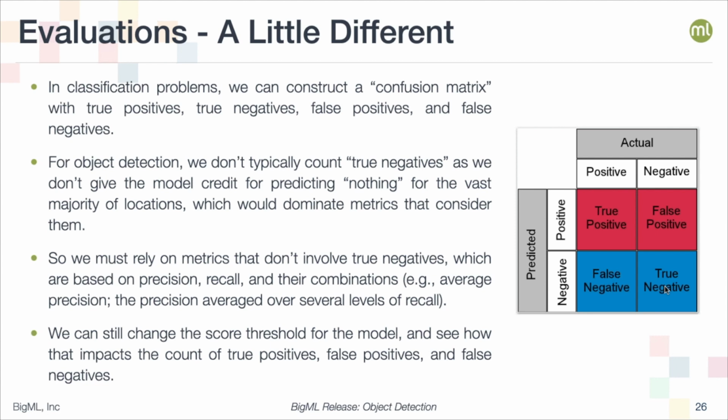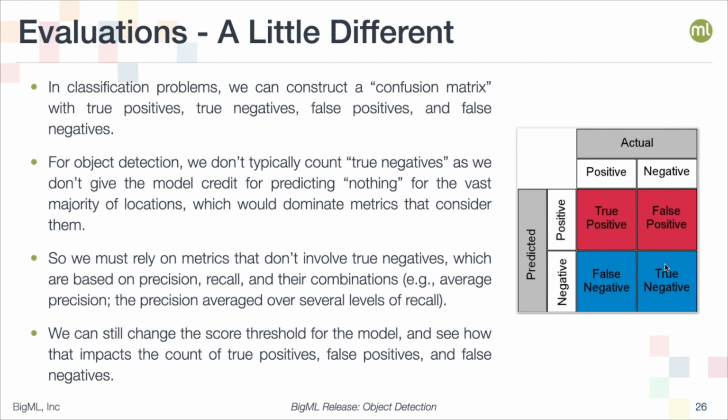As such, when we evaluate these algorithms, we don't typically take true negatives into account in the usual kind of confusion matrix sort of way. We don't rely on metrics that rely on the true negative count specifically, because then the evaluation of the object detector would be dominated by how many of the no object rectangles that it managed to say no object for.